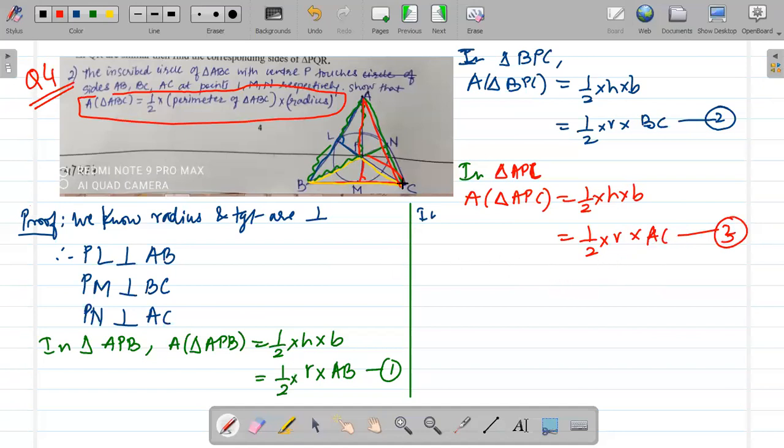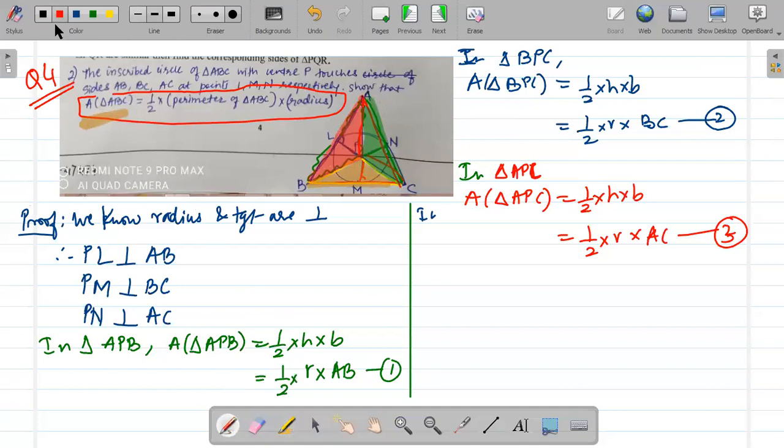Now I have the area in 3 parts: the area of this particular triangle, the area of the second triangle, and the area of this third triangle. Adding these triangles will give me the area of the entire triangle ABC, correct?